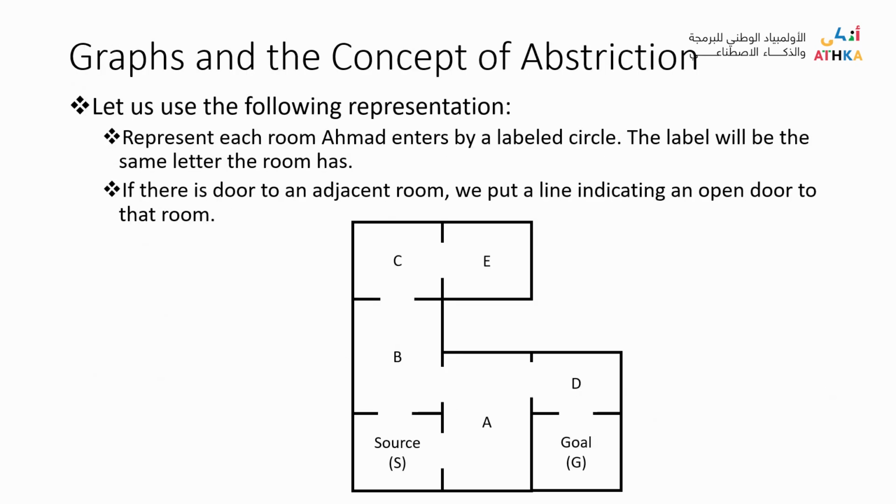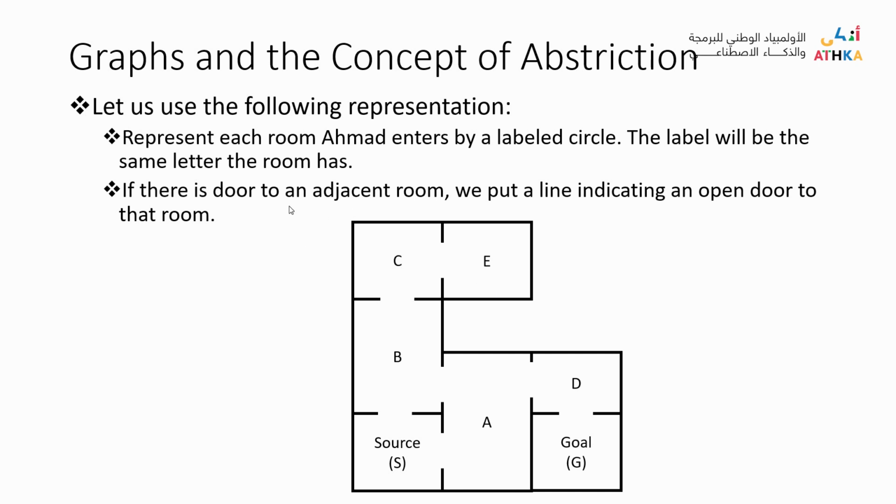Let us use the following representation. Each room Ahmed enters is labeled by a circle, and in that circle I put a letter that matches the room he is in. So if he starts at S, I put a circle with an S in it. If he is in room E, I put a circle with an E in it.